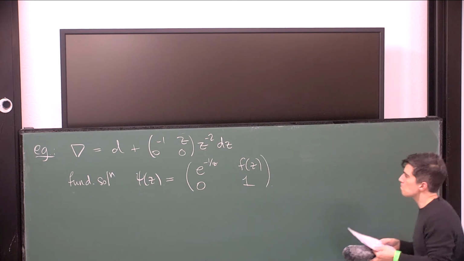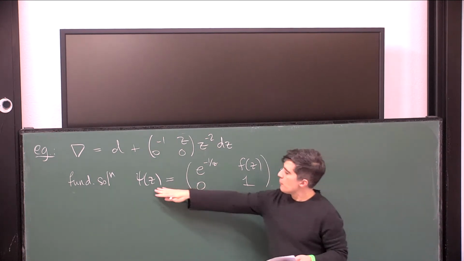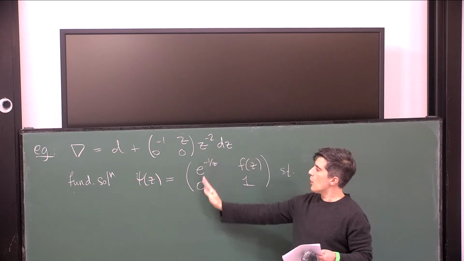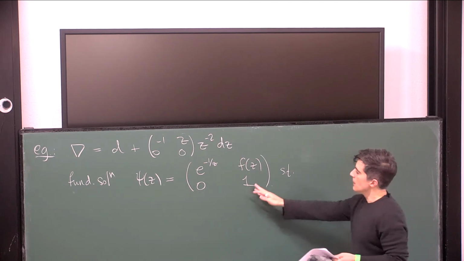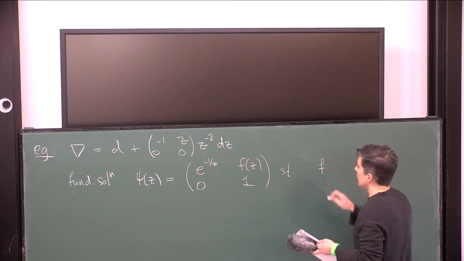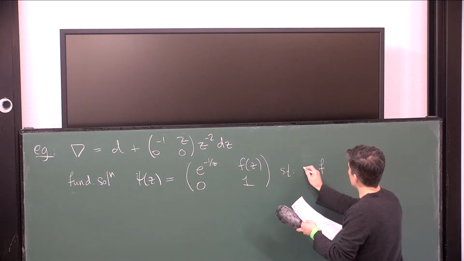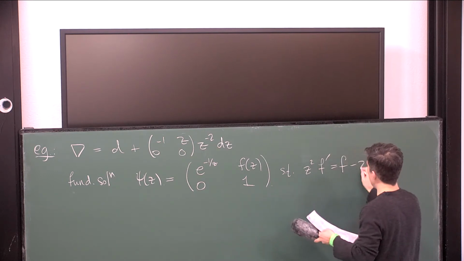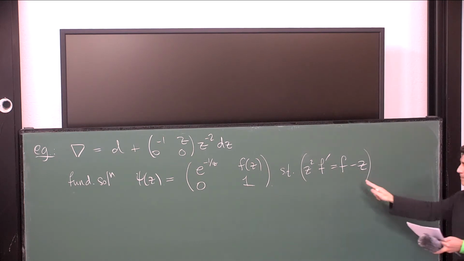So the general solution would be a linear combination of these two columns, where f satisfies this equation. It satisfies z squared f prime is equal to f minus z. It satisfies an inhomogeneous first order differential equation.